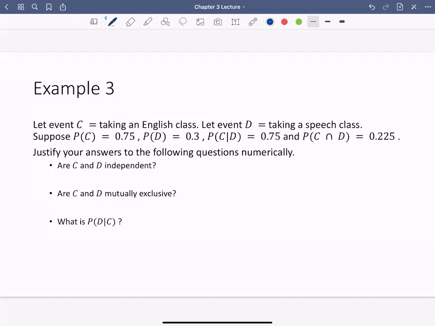So first off, it says, are C and D independent? In order for C and D to be independent, there's a couple things you have to check.